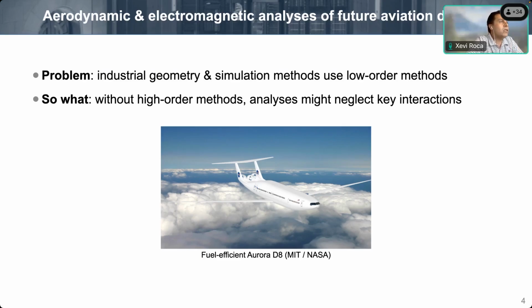The propulsion systems are not on the wings, they are on the back part of the aircraft. What's going on is that these propulsion systems are exploiting the low-velocity air that comes from the top part of the aircraft. So these designs are going to exploit this kind of key interaction. Can you go to the next slide, please?